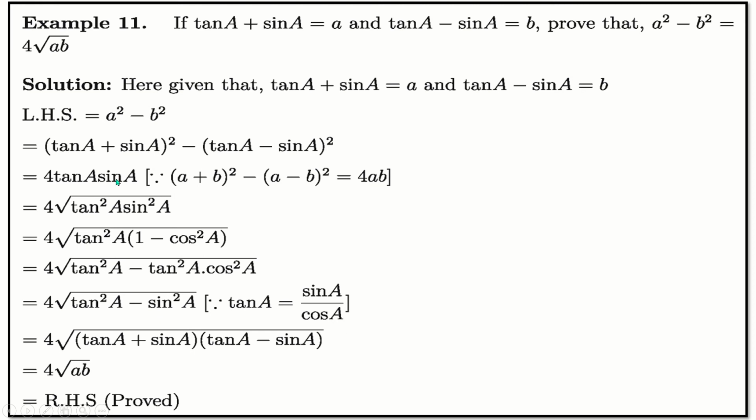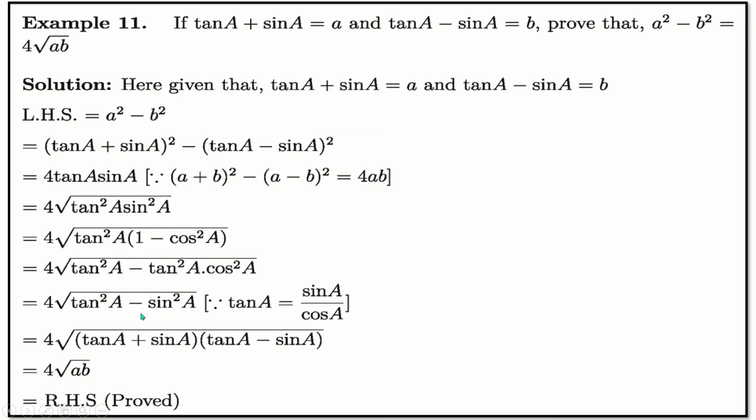As here is only sin a and tan a, when we use square root, that will be tan square and also sin square. Okay, now tan square a and sin square a, this equals 1 minus cos square a. Now multiplying tan square a into 1 minus cos square a, this equals tan square a into sin square a.